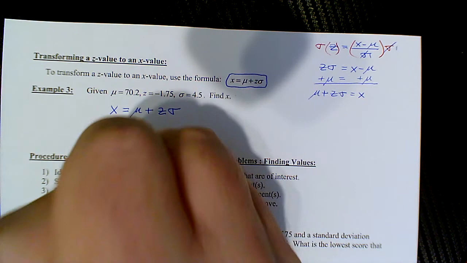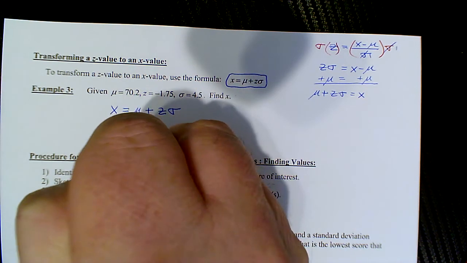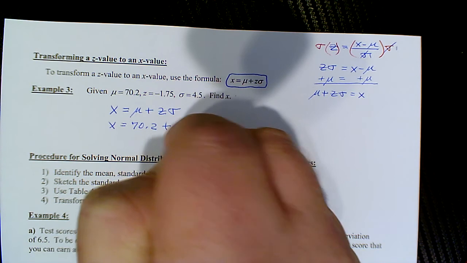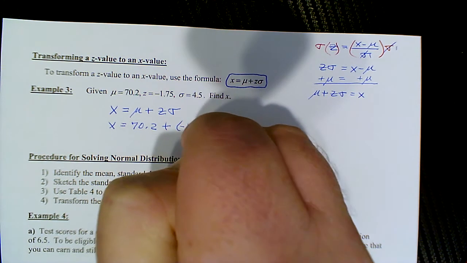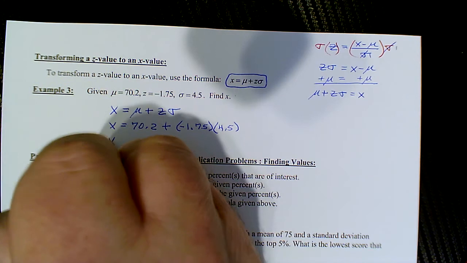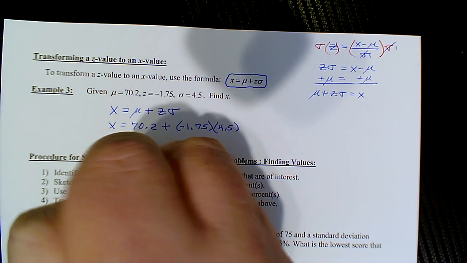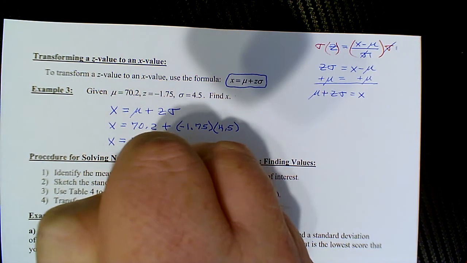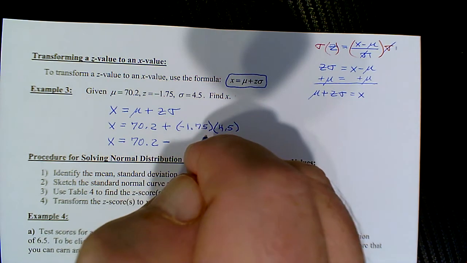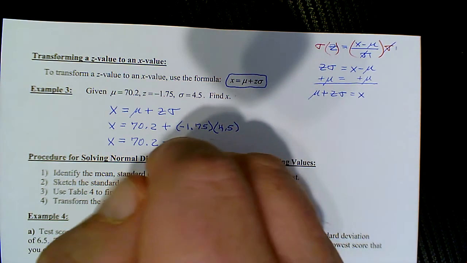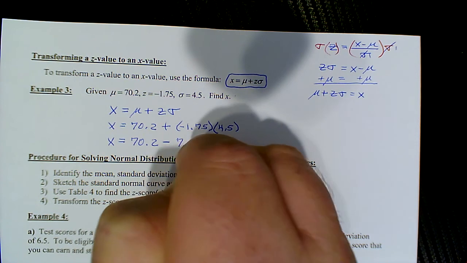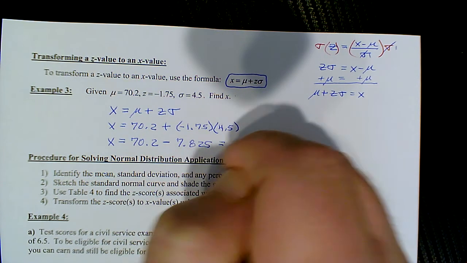So we have mu is given to be 70.2 plus z. Okay, we got to be careful here. That's a negative 1.75 times sigma of 4.5. So just be careful with the computation, because of that negative. So it's 70.2 minus the product of 1.75 and 4.5, which is 7.875.